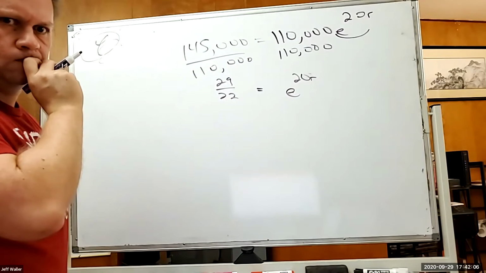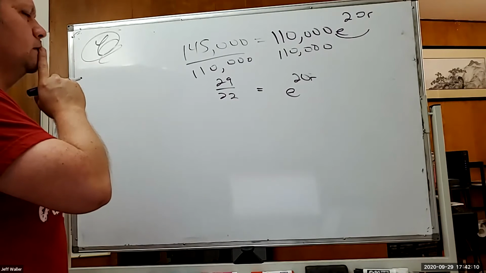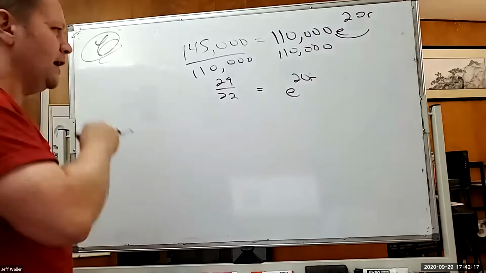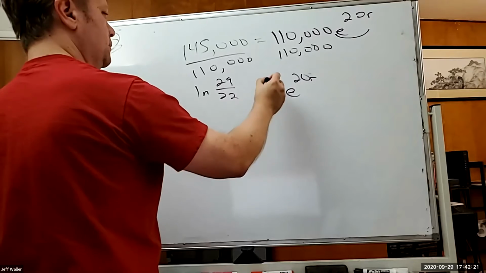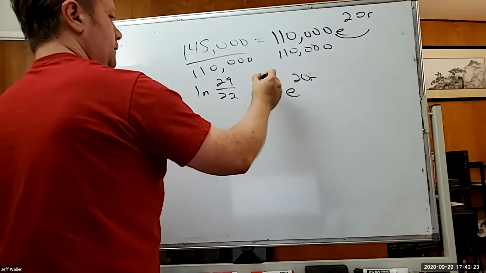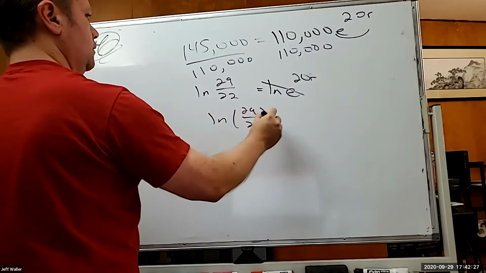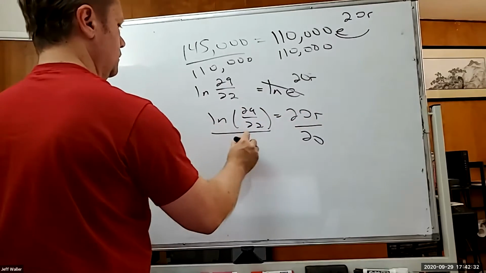Would you divide? No? Would you use the log? Yeah, which is kind of weird to me now that I think about it. Why is this in this section? But, oh well, too bad. So your natural log of this equals 20R, and then you can solve for R. Shaboom.